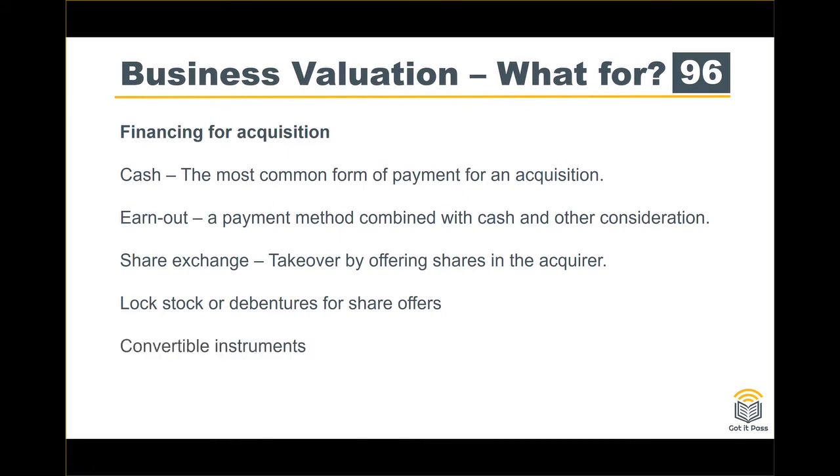And also convertible instruments like warrants as well. The company can issue convertible shares in exchange for the other company's shares as well, and it can also be a combination with cash.